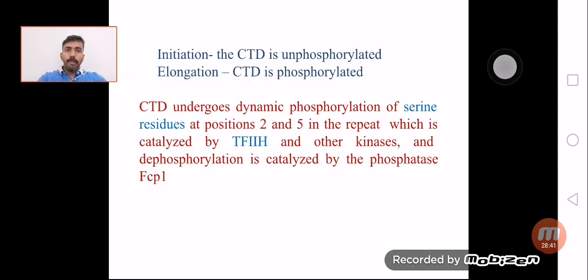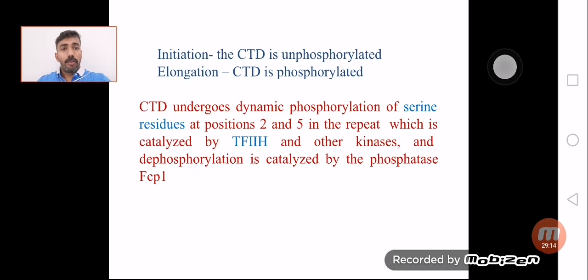And what is the importance of this sequence? It is because for initiation to occur, that means for the successful binding of the different subunits of the RNA polymerase enzyme to the promoter region, we need an unphosphorylated carboxy terminal domain. That means in the beginning, all the sequences at the carboxy terminal domain must be unphosphorylated.